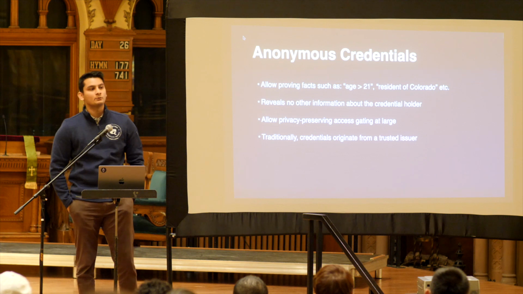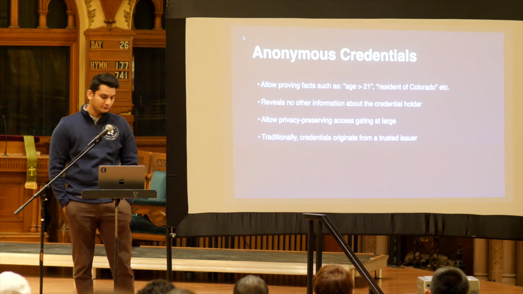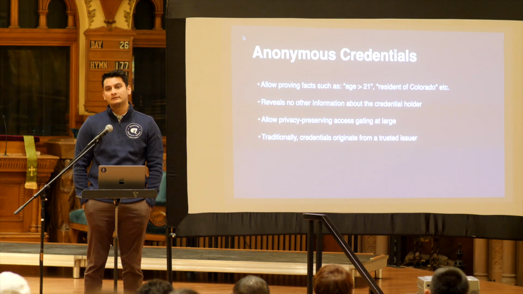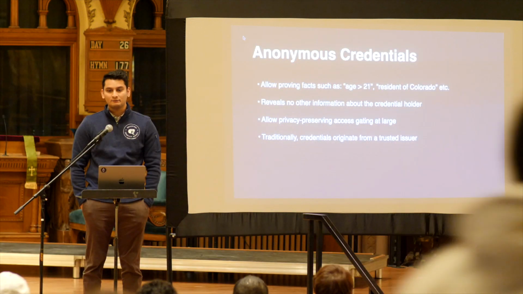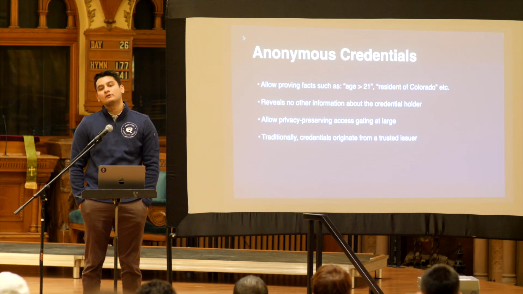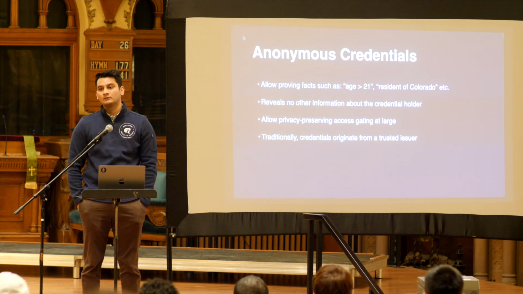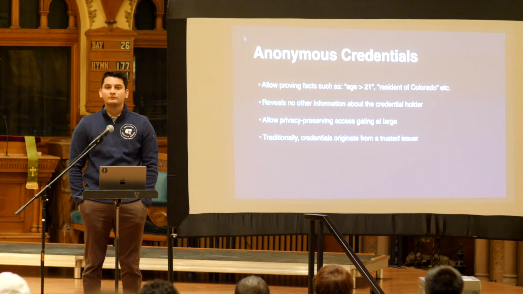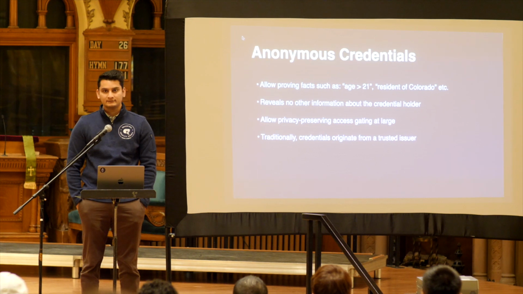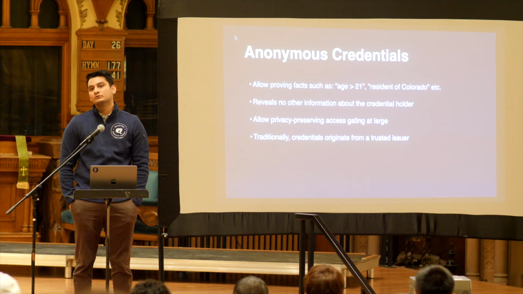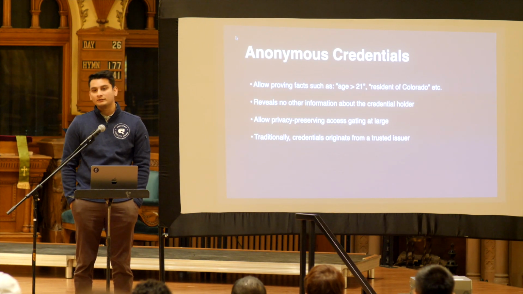And right now, the way it works is that credentials are usually issued from these trusted agencies like the government, and you have to give them a lot of information. So can we do something better in this on-chain world where we have a lot of activity on our addresses? Maybe we can use it in some way and add anonymous credential badges to our Ethereum addresses and so on, right?